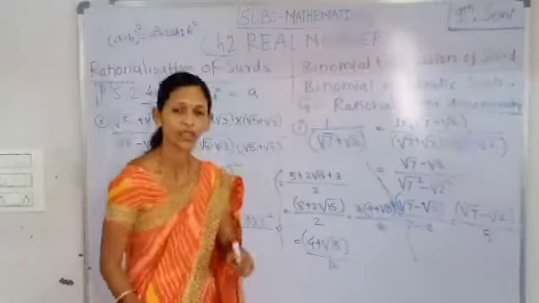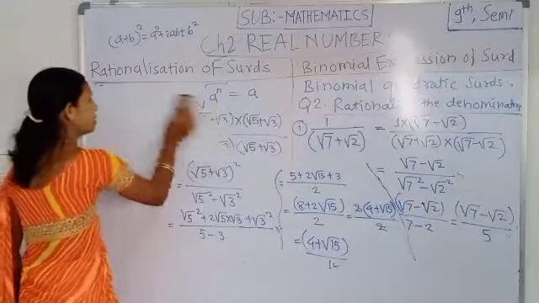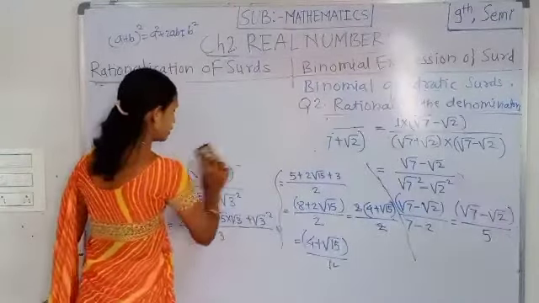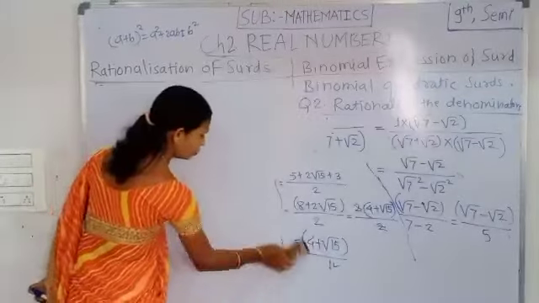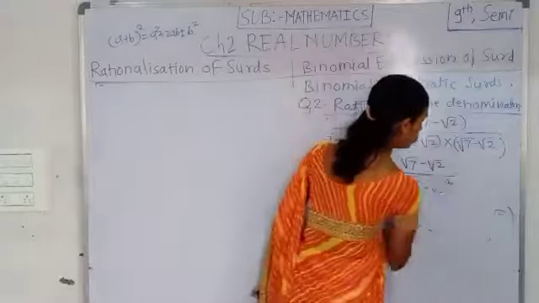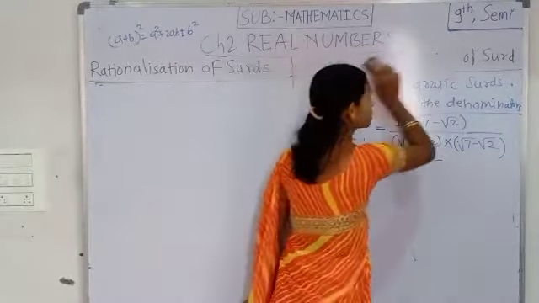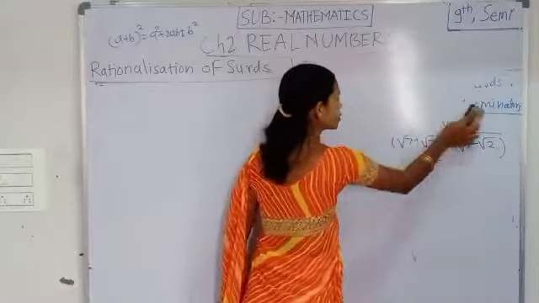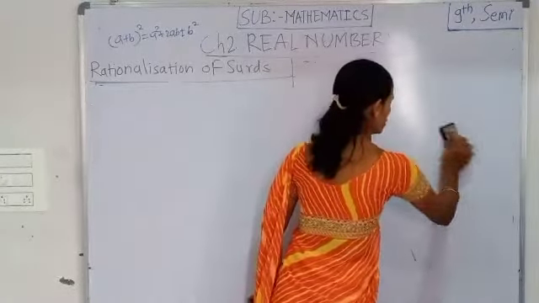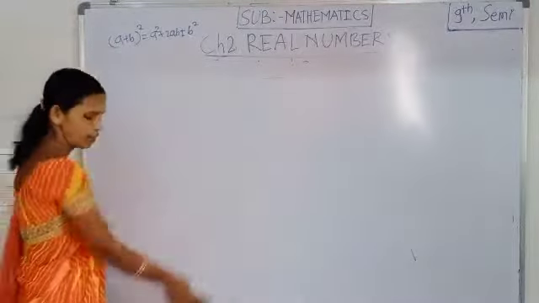Then there are a few examples given in practice set 2.5, which is based on the absolute value of real numbers, also known as the modulus value of a given real number.